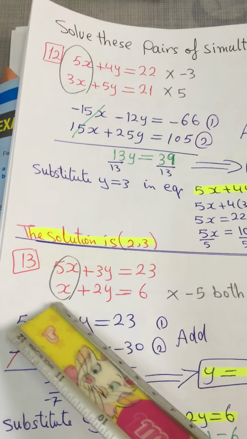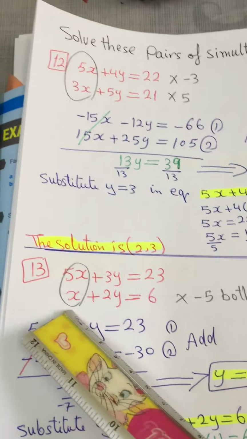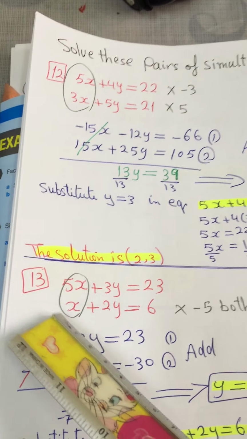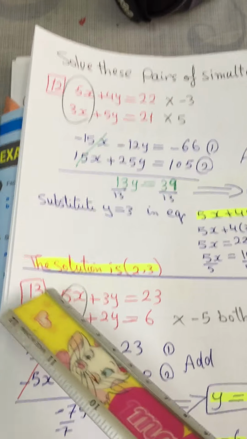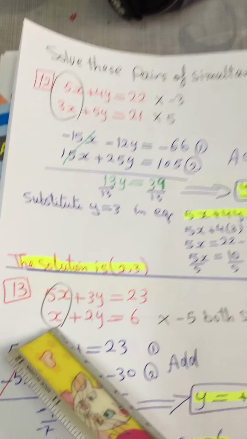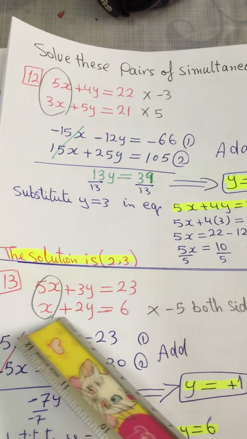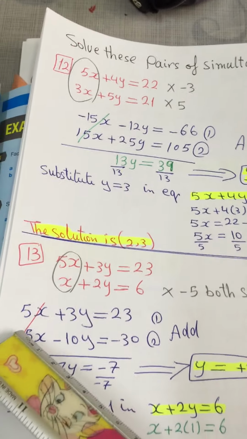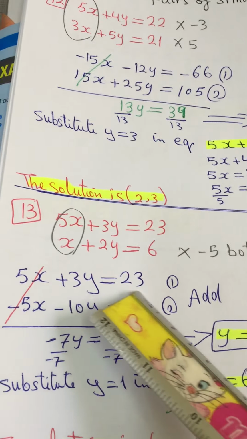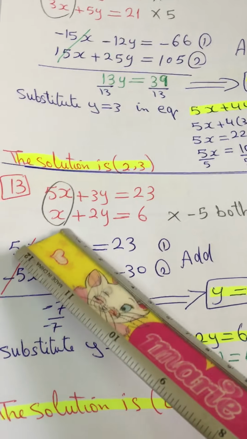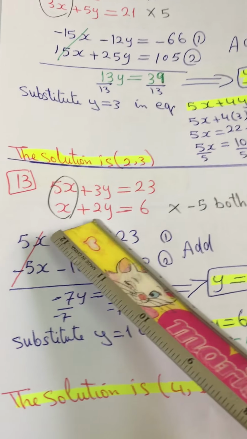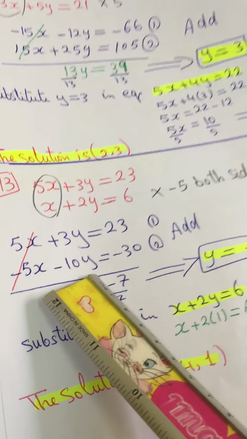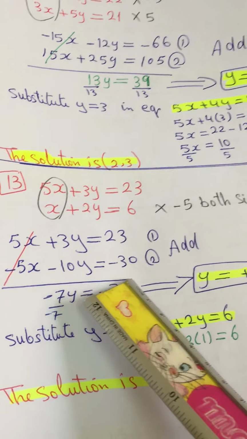Here, I decide to eliminate x to be easier, because I'll multiply just one equation. I have 5x positive and this is just 1x, multiplied by negative 5, the whole equation, both sides. So I'll keep the first equation as it is, 5x plus 3y equal 23, and the bottom multiply by negative 5. So I have negative 5x, negative 10y, negative 30.